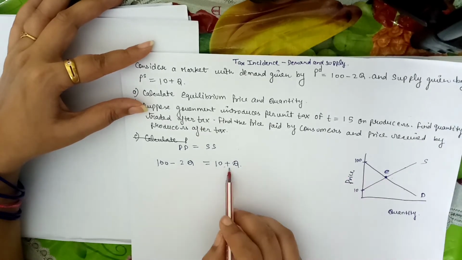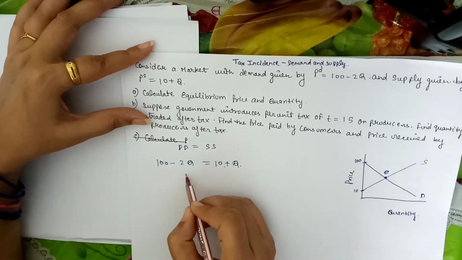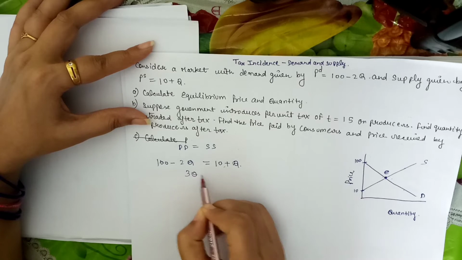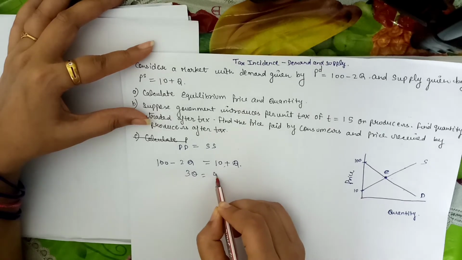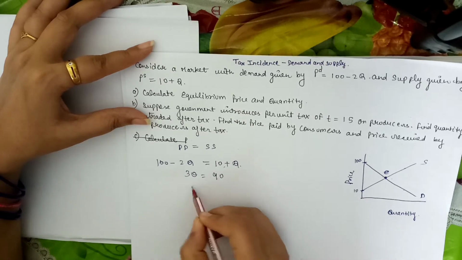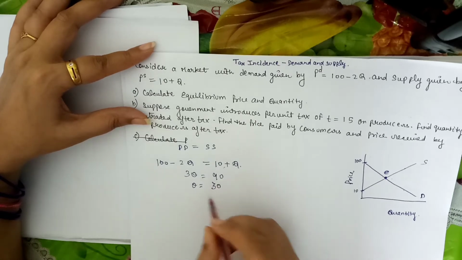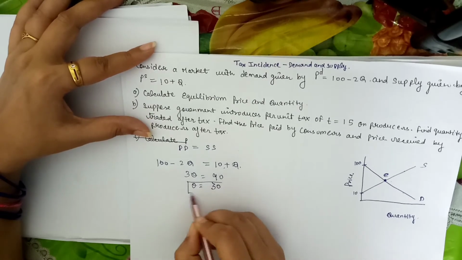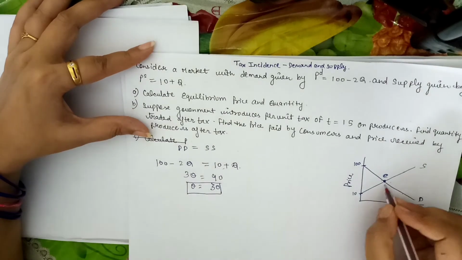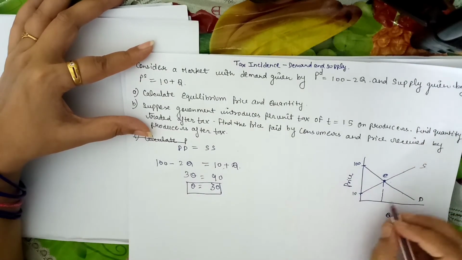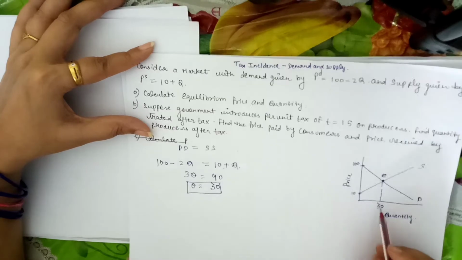So now we will calculate the value of q from here. So from here q is 30. That means in the graph we have seen that quantity is 30.